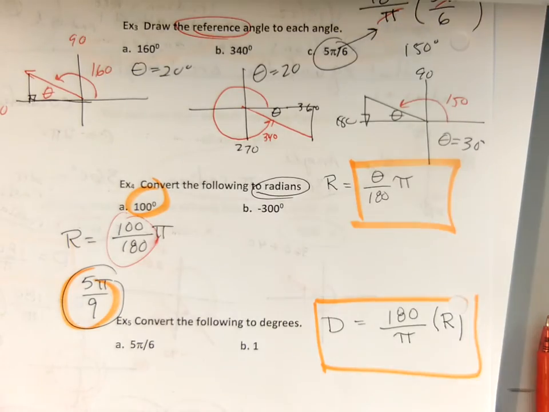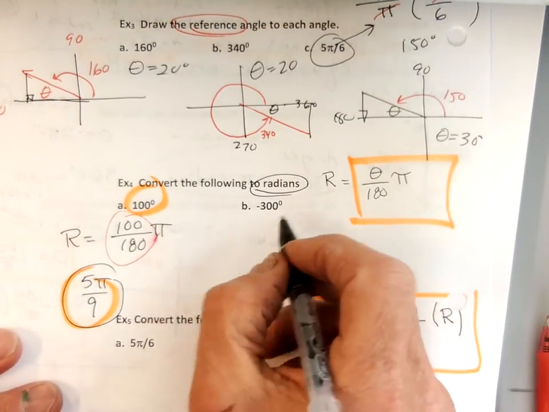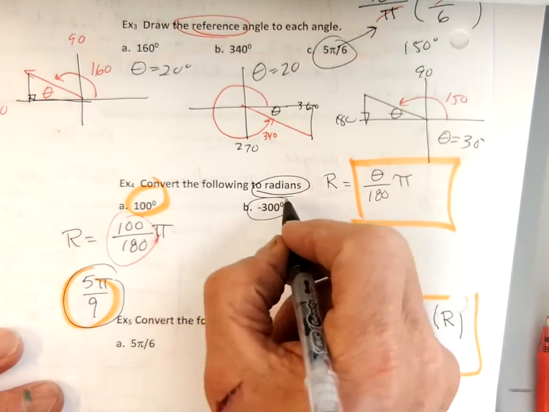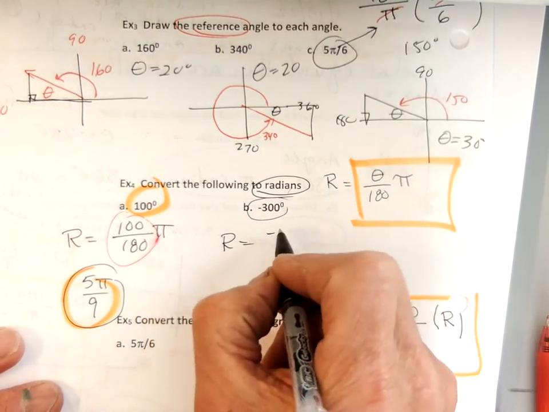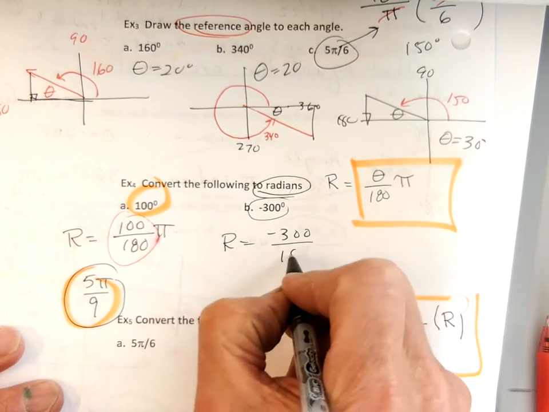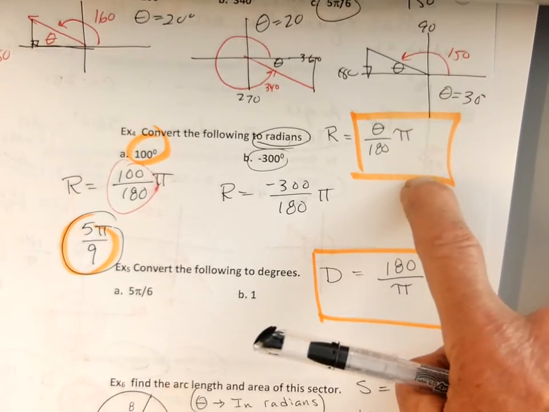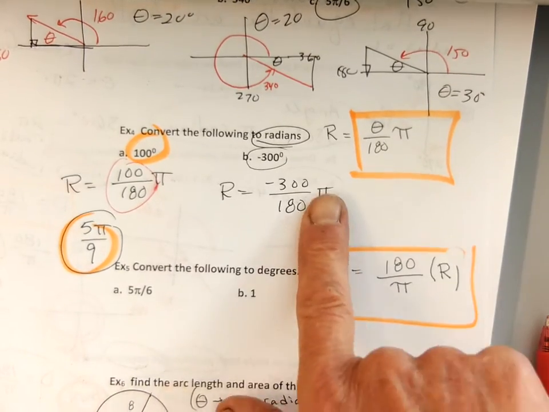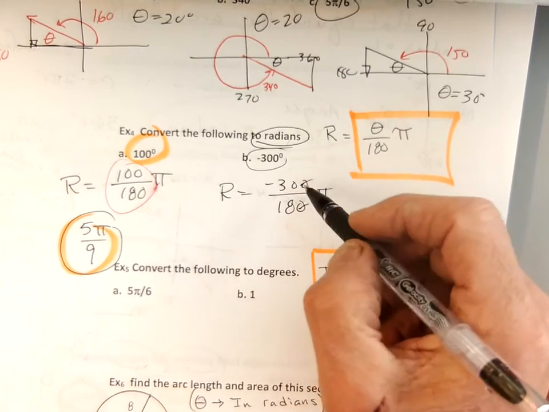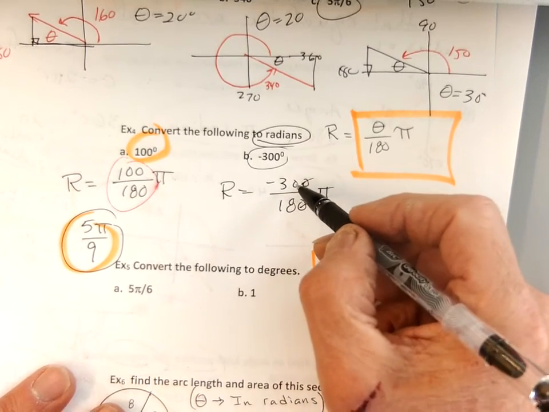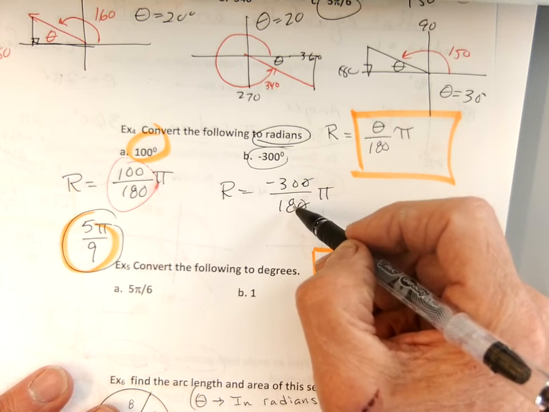All right, negative 300 degrees. Same thing. We're going to put the negative 300 in there. The radian is equal to negative 300 over 180 times π. So I'm just using my formula, that's all. That'll reduce to 30/18. If I divide both by 6, I'll get negative 5π/3.